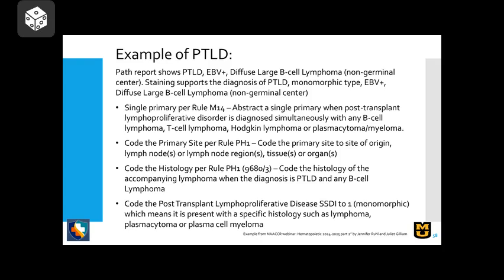Code the primary site per Rule PH1, which says to code the primary site to site of origin, lymph nodes, or lymph node regions, tissues, or organs. Code the histology per Rule PH1, 9680/3, which says code the histology of the accompanying lymphoma when the diagnosis is PTLD and any B-cell lymphoma.